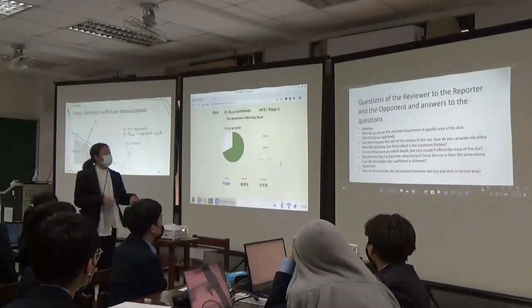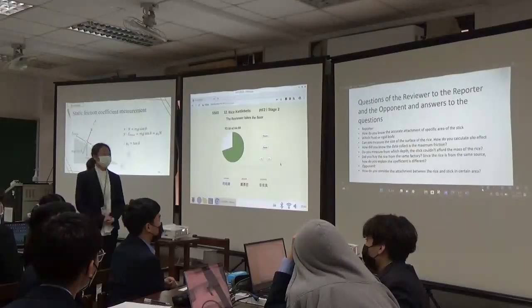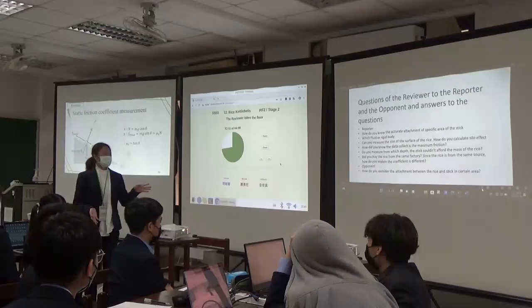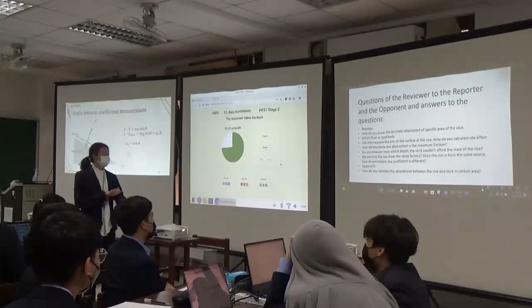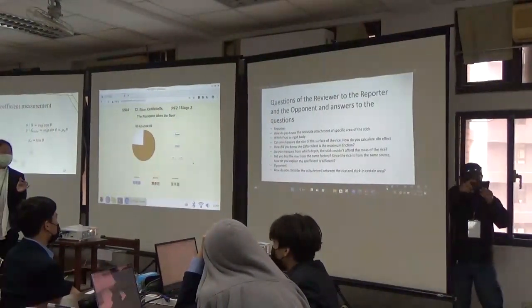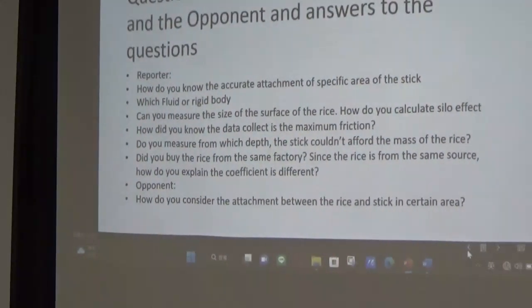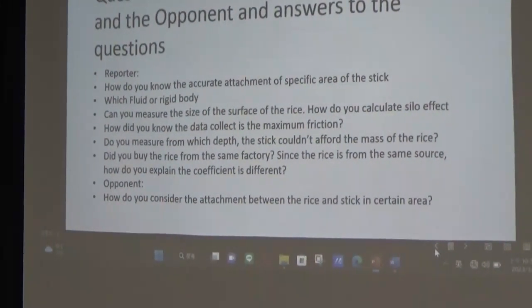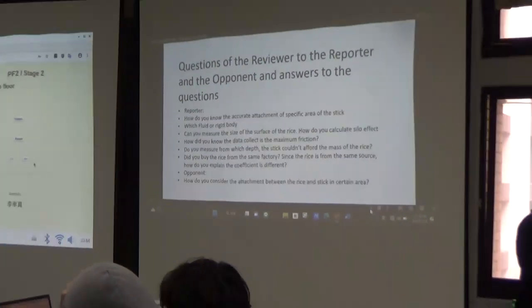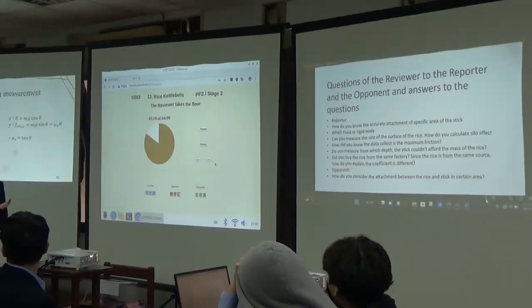So they didn't know the accurate attachment of specific area of the stick, and they answered the question of which phenomenon is more like fluid or rigid body wrong, and they cannot measure the accurate size of the rice, but I think it can be measured if you put the rice on a surface and make sure the distance is low enough, and calculate the intensity of it.